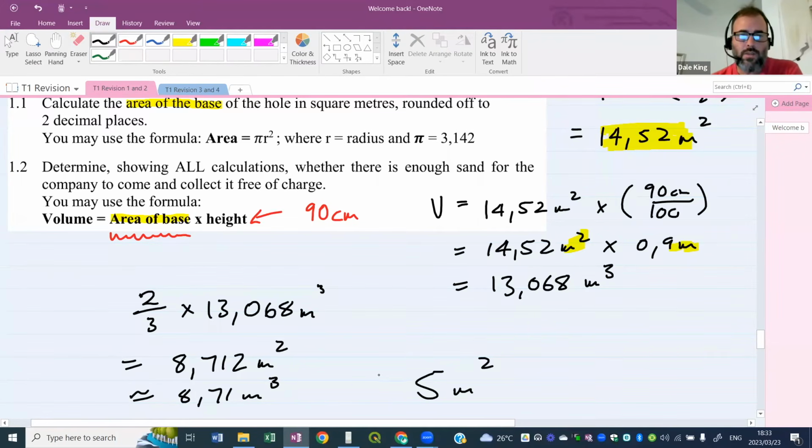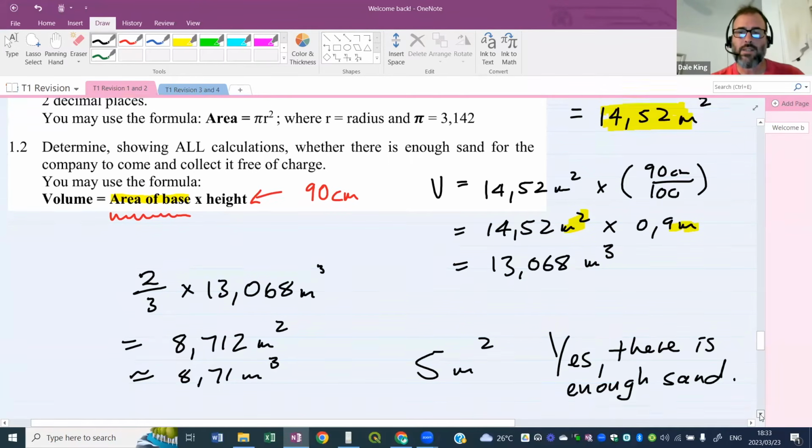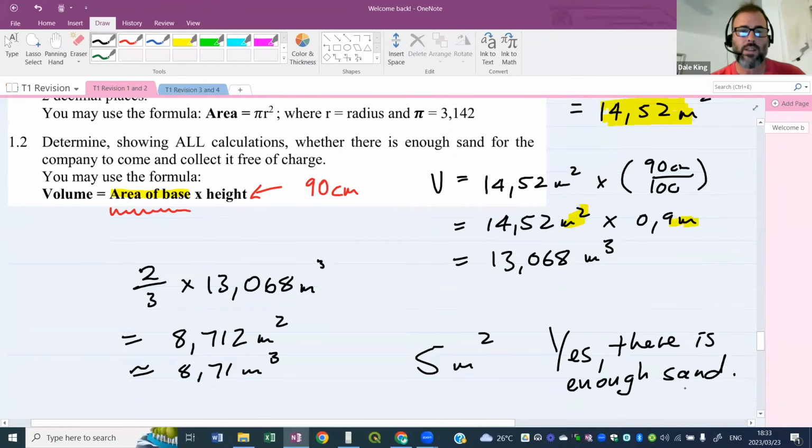Our 8.7 is much bigger than 5. So yes, there is enough sand. Okay, so we have to make that statement. Is there enough? Yes, there is enough sand. Because we've just shown by calculation, 8.71 meters cubed is much more than 5.